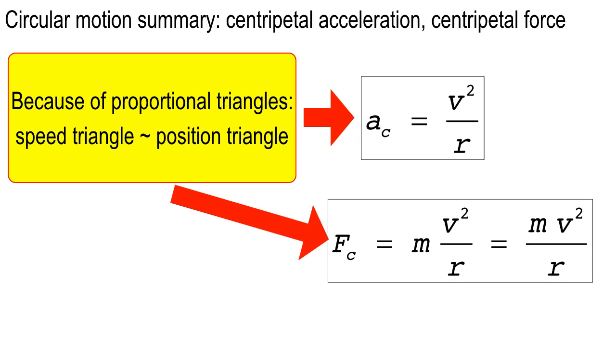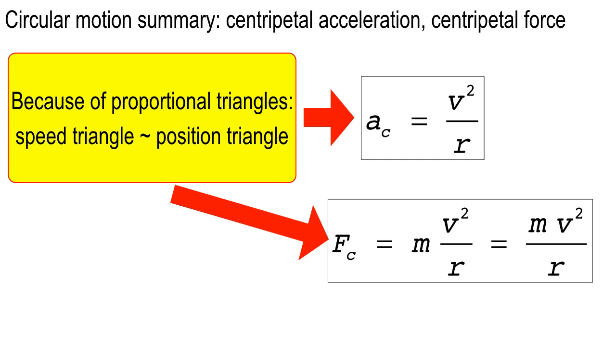Here's the formula for centripetal force. And this is just F equals ma using the centripetal acceleration. It's just m times v squared over r. And you can write it this way, mv squared in the numerator and r in the denominator.